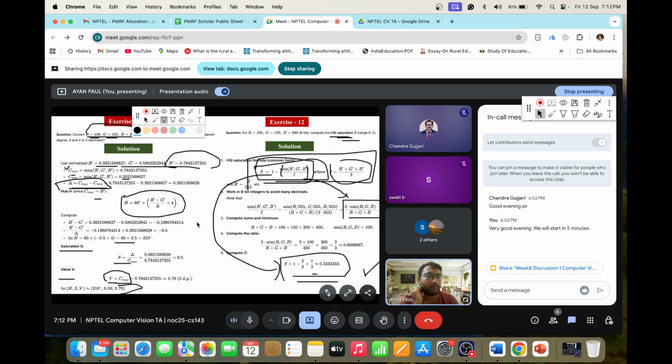You can be given a simple RGB and from that be asked to calculate anything. So can you do it now? If I give you any RGB value, can you calculate all these things?